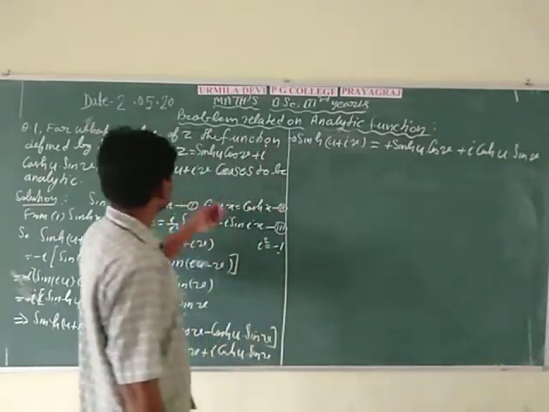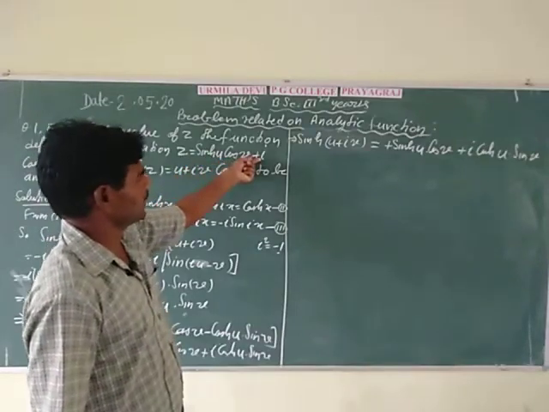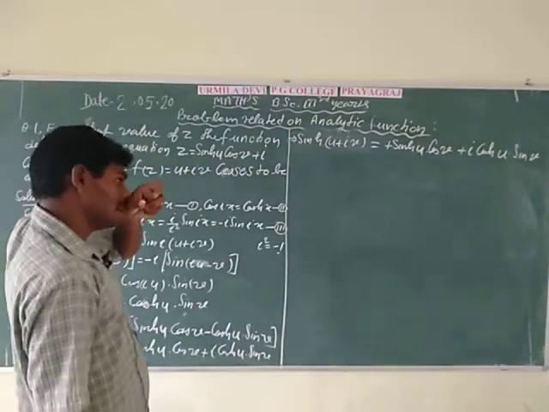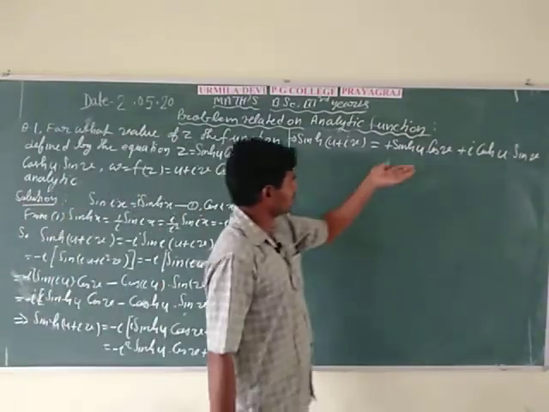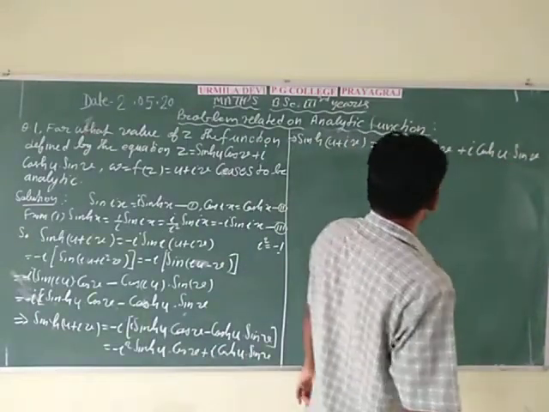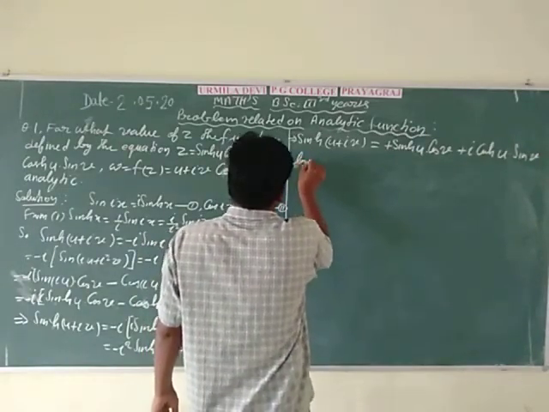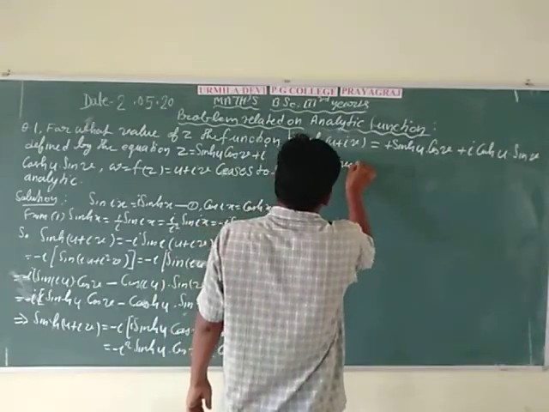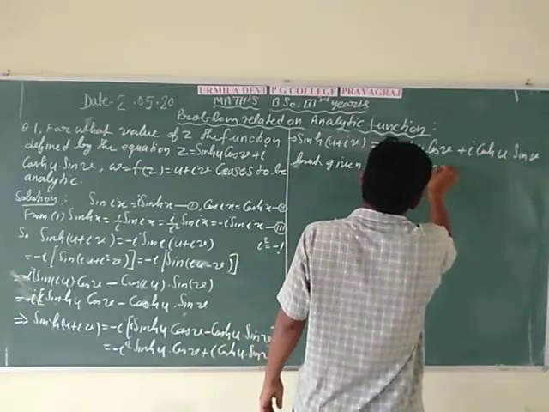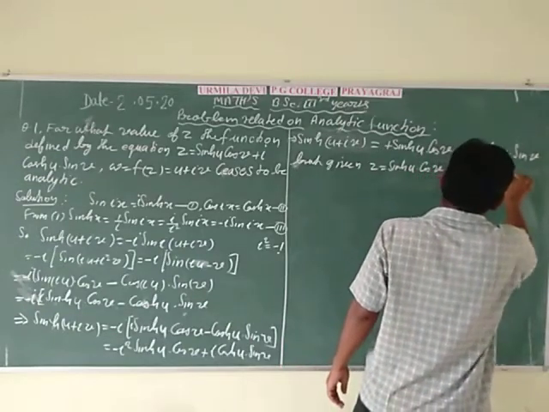In the question, z is equal to sin hyperbolic u cos v plus i times cos hyperbolic u sin v. So according to the question, you can put sin hyperbolic u cos v plus i cos hyperbolic u sin v is equal to z, given z is equal to sin hyperbolic u into cos v plus i times cos hyperbolic u into sin v.